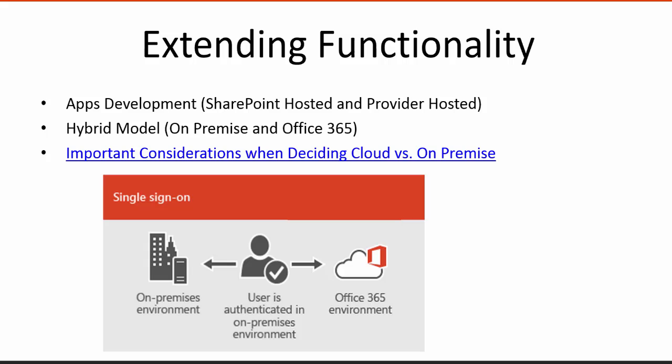Some organizations, especially government ones, don't allow their data to be hosted over the cloud, and they need to have it in their own data centers, even in the same country. So you can benefit from that model and have users connect to both Office 365 environments, your SharePoint, which is in the cloud, or another mailing system that's in the cloud, and at the same time have your own on-premise environments that serve certain functionalities that you need.